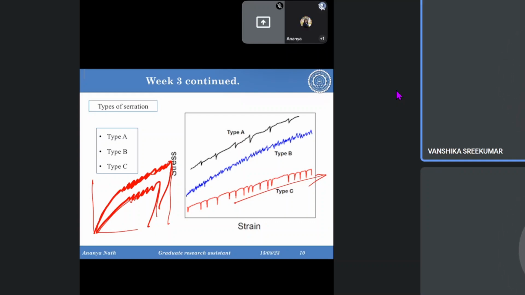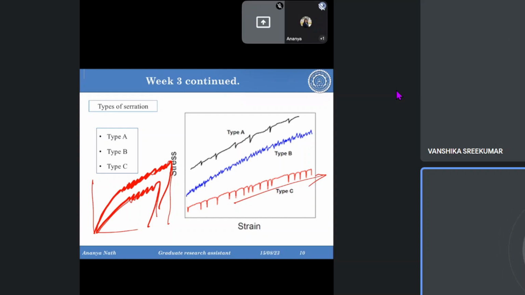For normal phenomena, you are absolutely right. When we increase the temperature, the dislocations start moving much faster, and the solute atoms as well. That is why the solute atoms cannot pin down the dislocation easily. But for DSA, that is the reverse case. That is the negative strain rate sensitivity.